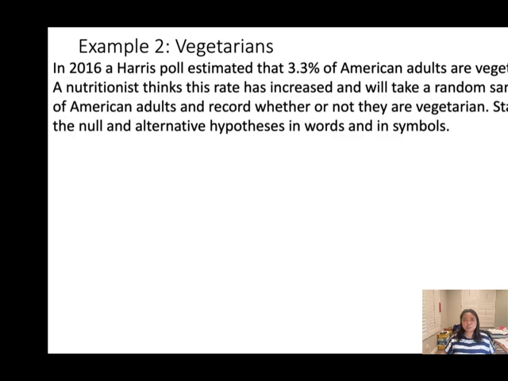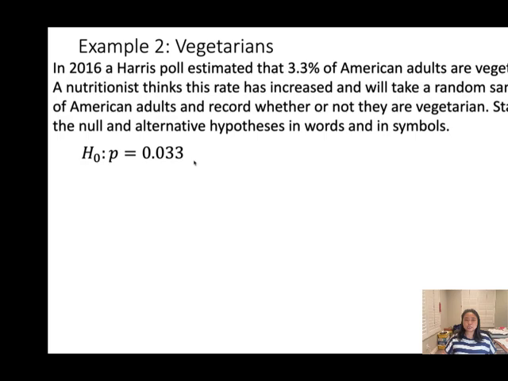And nutritionists think this weight has increased and will take a random sample of American adults and record whether or not they are vegetarian. State the null and alternate hypothesis in words and in symbols. Again, they are working on the population proportion. And the null hypothesis is always using equal. So we have p equal to 0.033. They stated a percentage, but try to put it in decimal, so divided by 100, that will be 0.033 here.